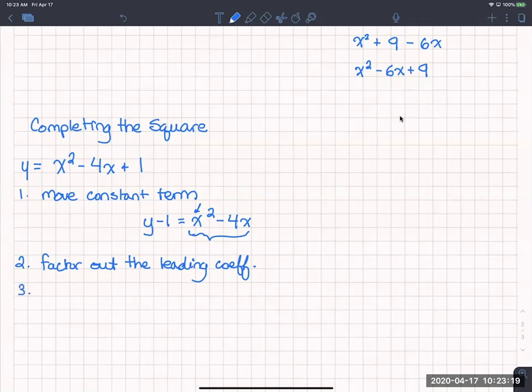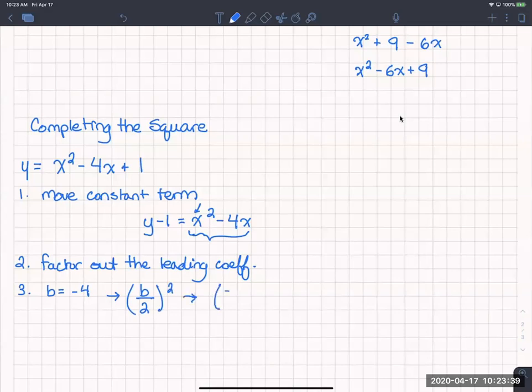Now, step 3, we take the linear coefficient, which in this case is -4. What we do is divide it by 2 and then square it.